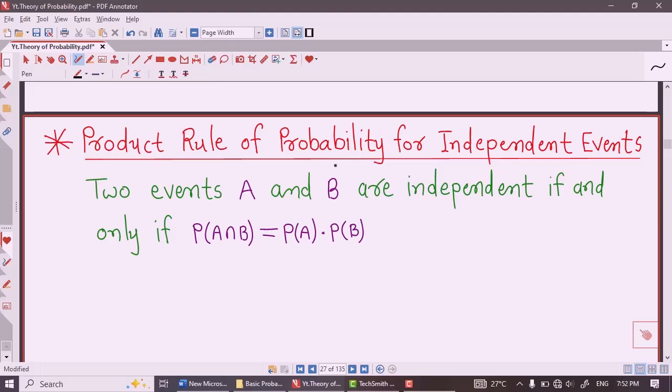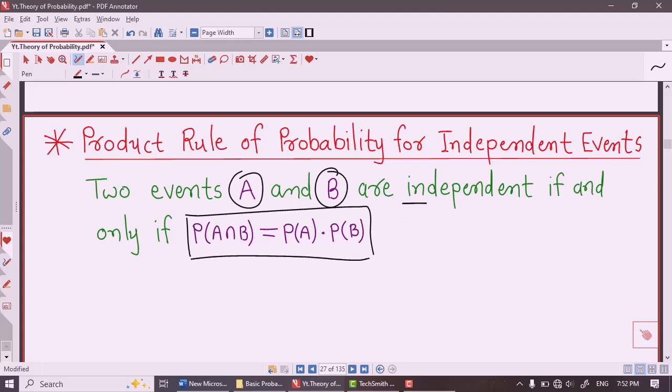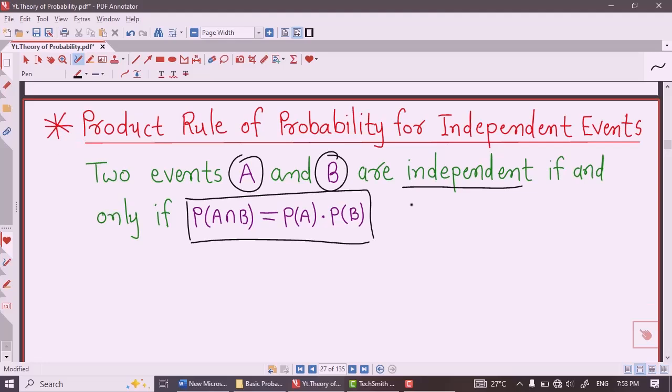Product rule of probability for independent events. Two events A and B are independent if and only if probability of A intersection B equals the product of their probabilities. This we can consider as the definition of independent events also. They can ask you to write down the definition of independent events.